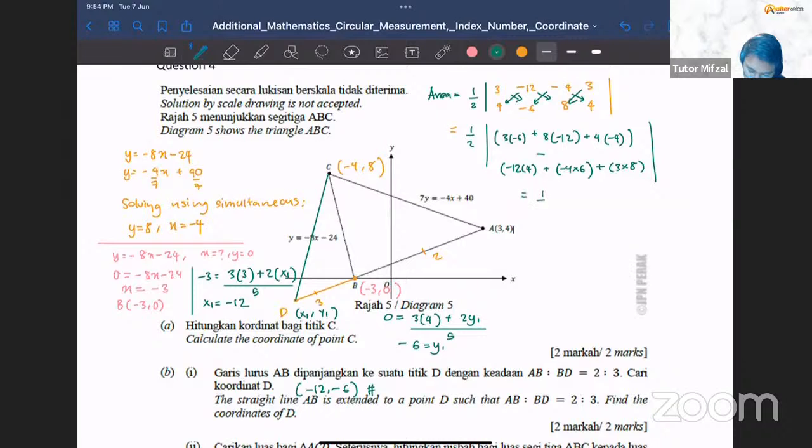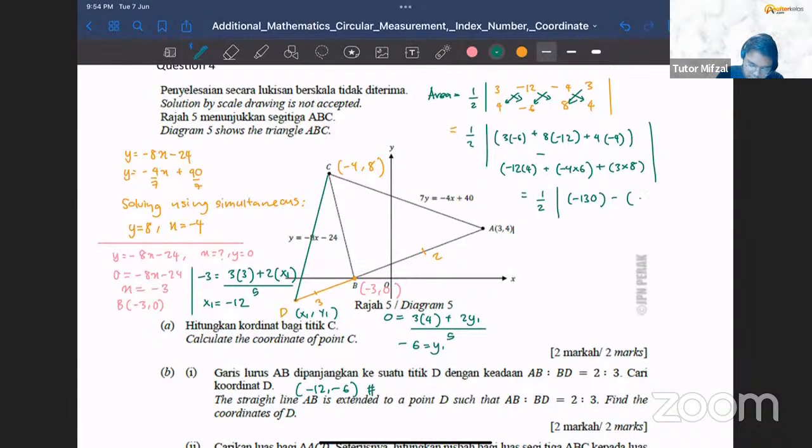So 1/2 modulus, 3 times -6 plus 8 times -12 plus 4 times -4, you should get -130, minus -12 times 4 is -48, plus 24 plus 24.